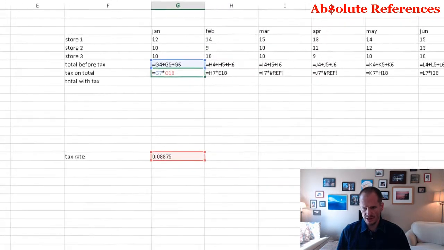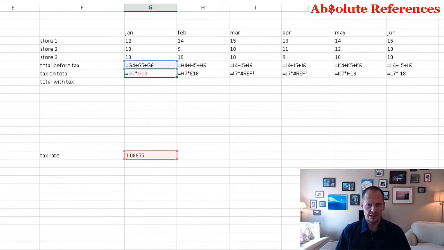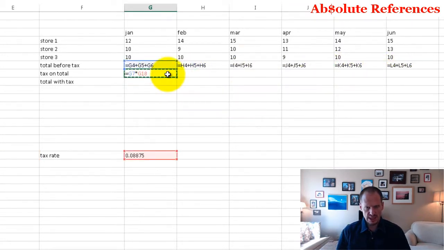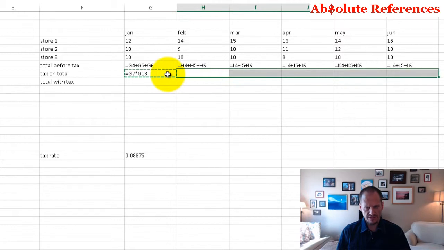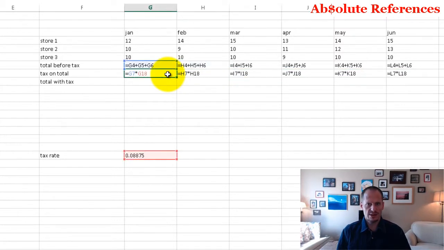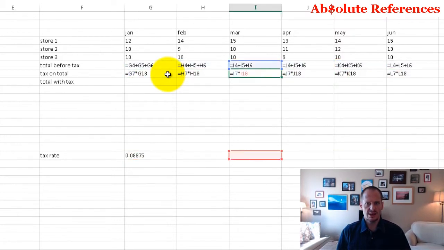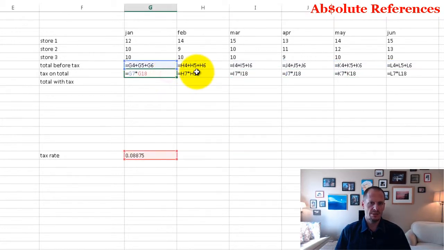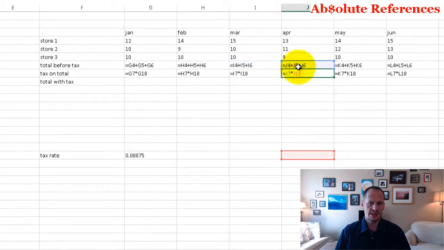And as I move this over, it does the same thing. Let me delete these and copy it over. Control C, Control V. All right. So now as I move this over, see how the references are all relative? And this formula, wherever I put it, does the same thing. It takes the number right above and multiplies it by whatever is down here.